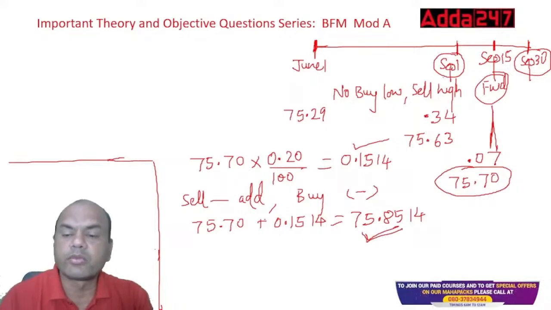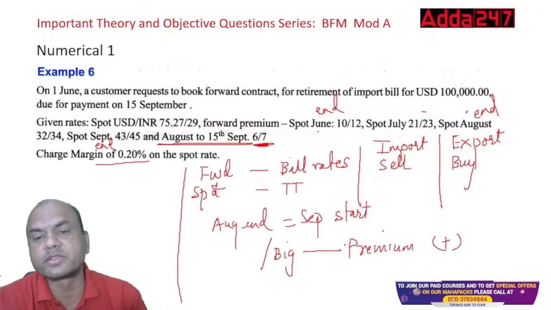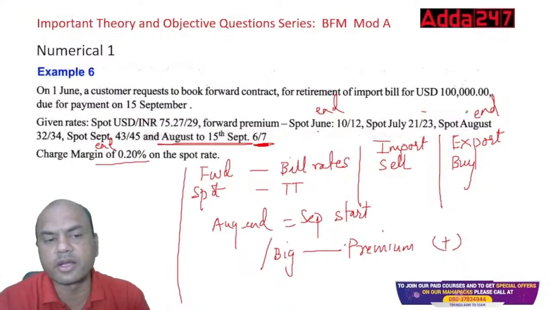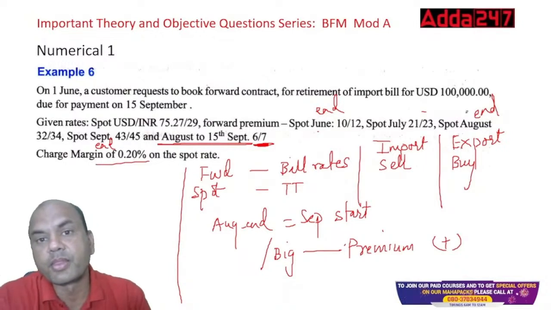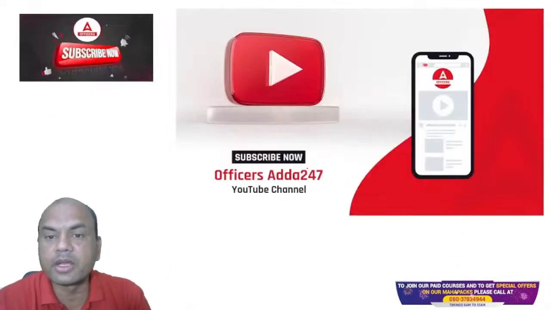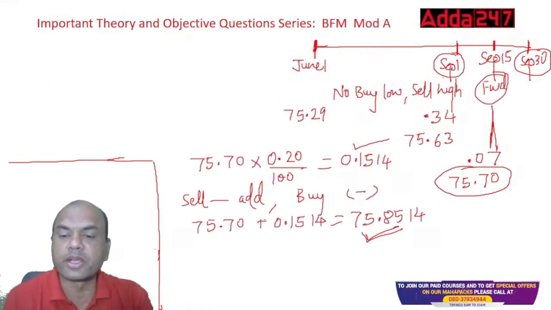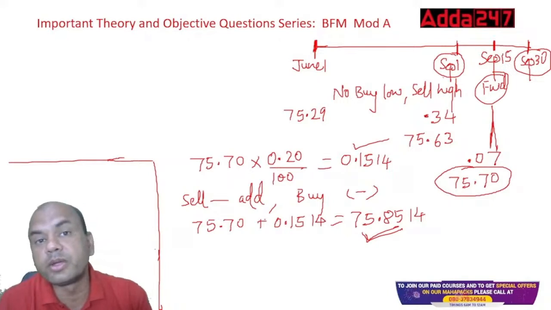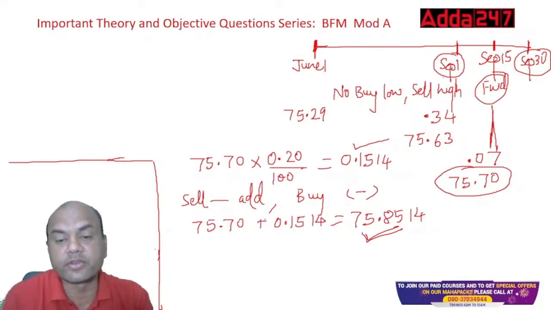Okay. But what do you mean by this rate? What has happened actually? In this whole transaction, you have got the rate. This much amount you will be debiting to the customer. See this 75.85, because $1 lakh are to be given. So what amount will you be debiting to that customer? So 75.8514 into 1 lakh. $1 lakh, right?